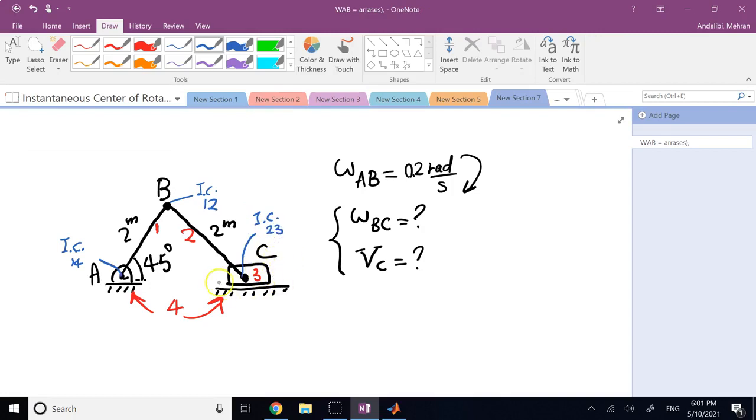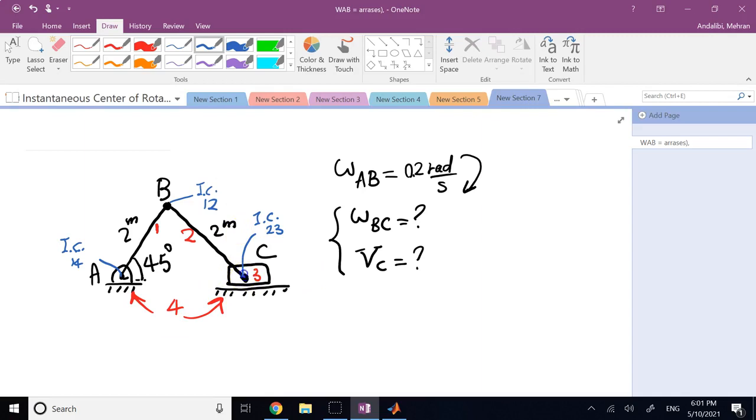Now, if you remember, 3 is sliding horizontally with no rotation, so the center is at infinity. The direction of the line connecting member 3 to its instantaneous center with respect to 4, IC 3,4, is perpendicular to the direction of velocity of VC, since VC is horizontal.